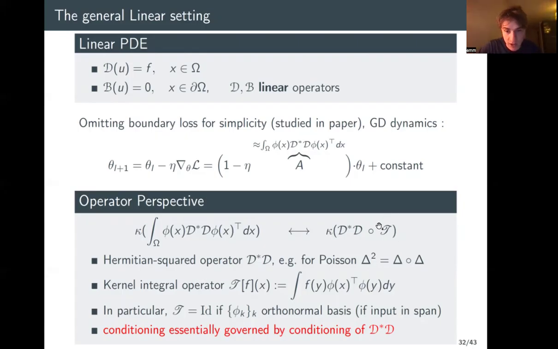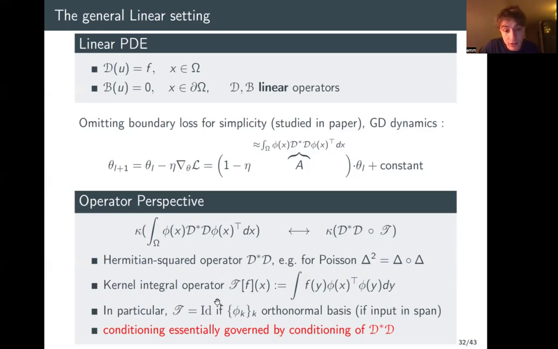And this operator T is just a kernel integral operator. Here we have a kernel appearing by taking the scalar product of these feature functions with respect to x and y, and then we integrate this kernel against a function.